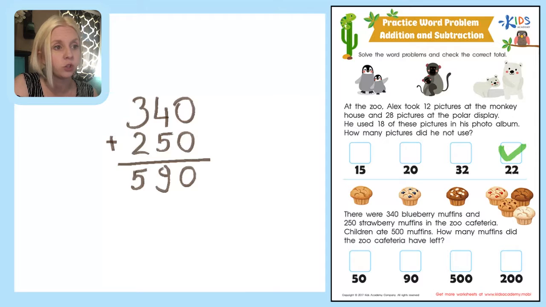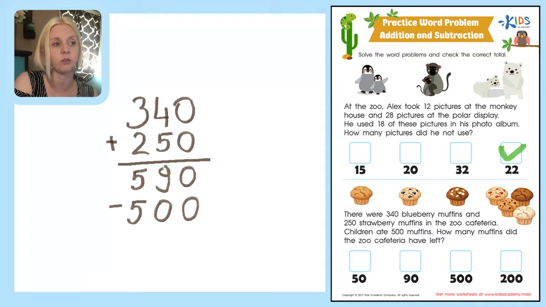But then it says children ate 500 muffins. So if they ate them, do we add on or do we take away? We take away. When they eat them, it's going to be a subtraction problem. So we need to subtract 500 from the total number of muffins. It says the children ate 500. Okay?